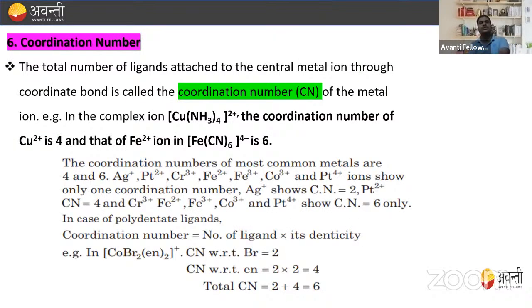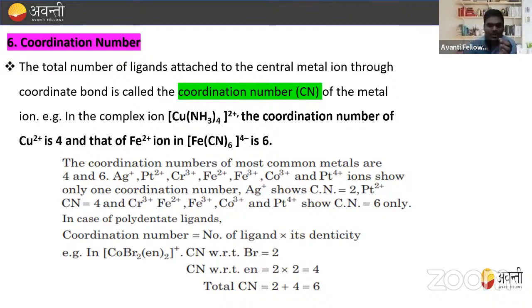Now, what is the coordination number basically? The total number of ligands attached to the central metal ion through coordinate bonds is called the coordination number. Remember this. The total number of ligands attached to the central metal ion through coordinate bonds is called the coordination number of the metal.